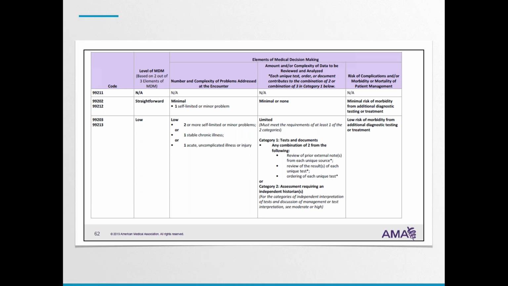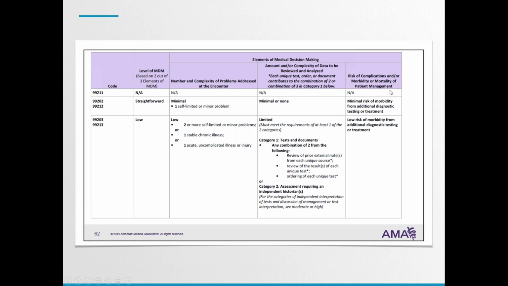That didn't change. We still have to look at the number and complexity of problems, but notice here comes that terminology, right? We're only counting those problems that are addressed at the encounter. And the amount and complexity of data that needs to be reviewed or analyzed. This is where you're going to see a lot of changes take place for 2021.